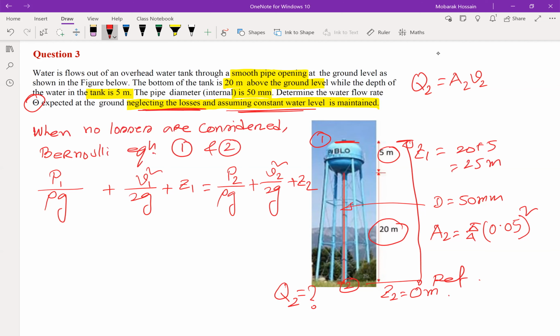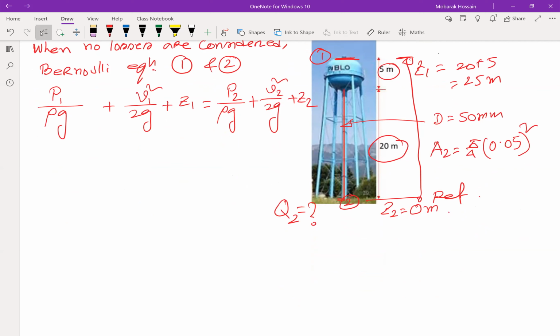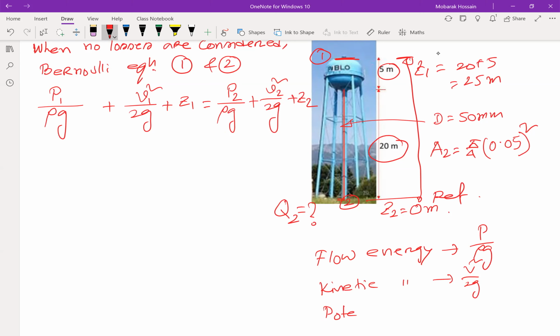So there will be three types of energy. The first one is the flow energy, and the flow energy part is P over rho g. The second one is the kinetic energy, V squared over 2g, and the last one is the potential energy, Z, the height of the water.